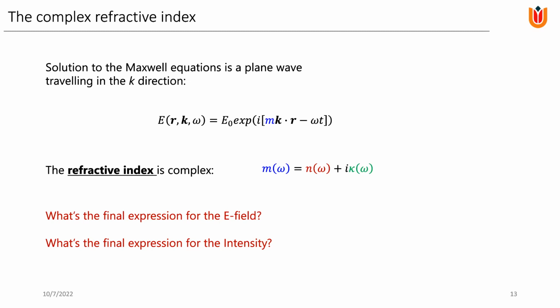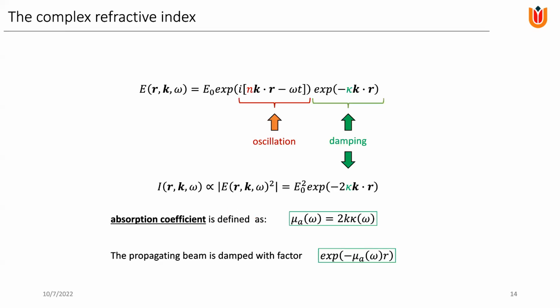Of course, if we calculate the intensity, we have to square the electric field, or multiply this complex function by its conjugate. Then the i will also drop out, but the real part that we already have is squared. So by substitution we get this.